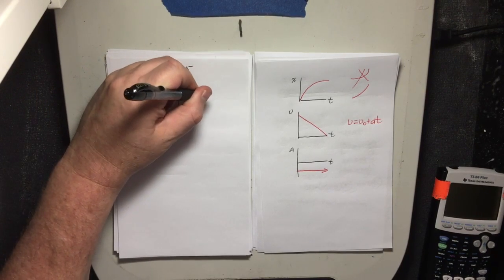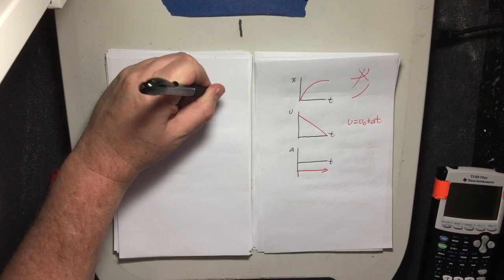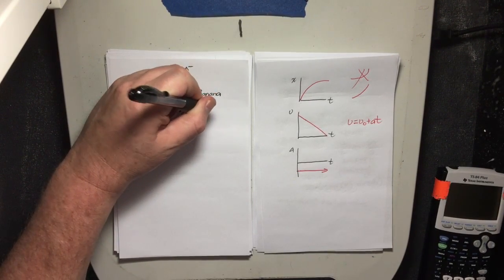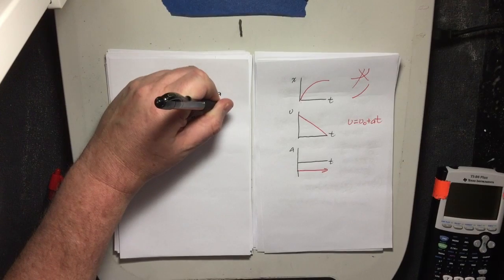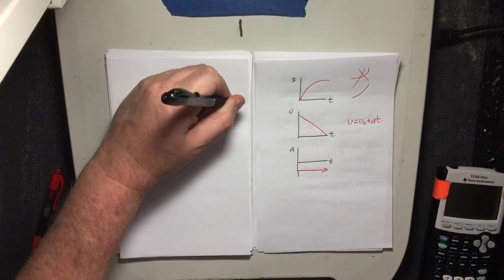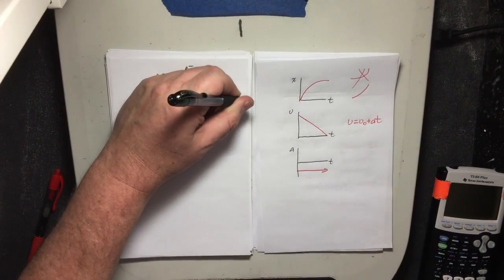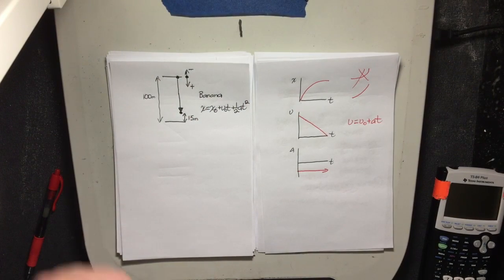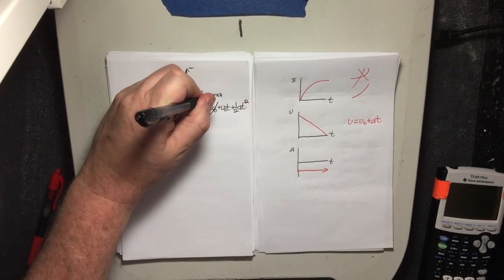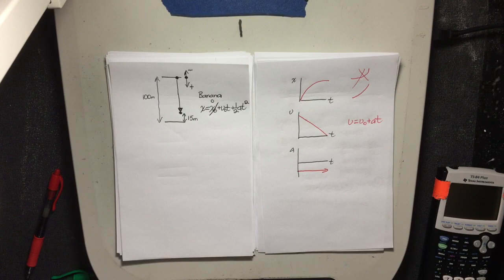Super Monkey is going to have the same thing. So for the banana, x equals x naught plus v naught t plus 1/2 at squared. What do we know about x naught? It's 0 because it starts at the origin. Why? Because we said that the beginning point was the origin. So it's not always going to be the origin? Not always. In this case, it is.